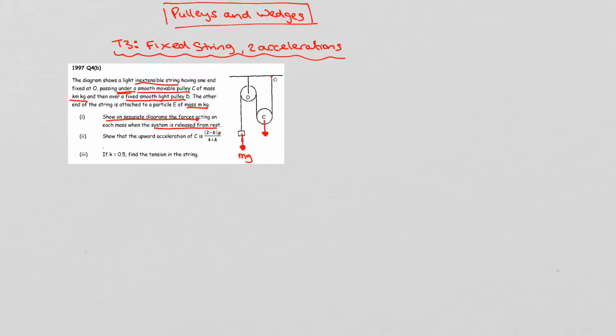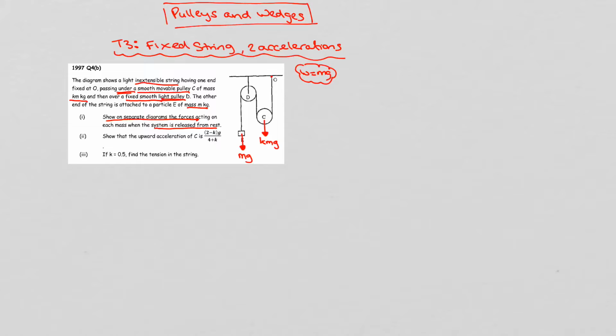So we have our weight is equal to our mass times gravity. So therefore, if E is going to be of mass m, well, we have mass times gravity, so that's going to be mg. C has a mass of km, so therefore that's going to be km times g, acting down. And we're told D is a smooth light pulley.